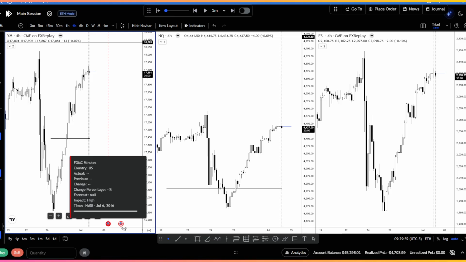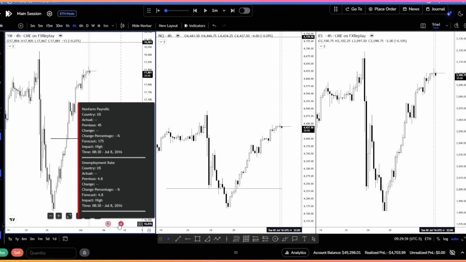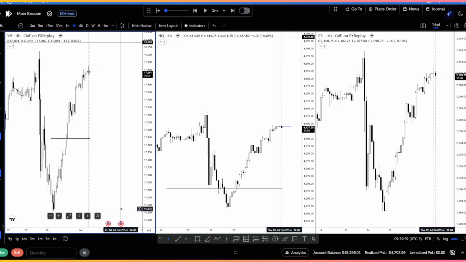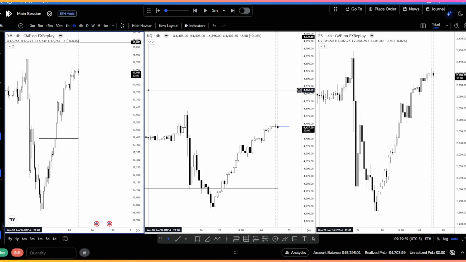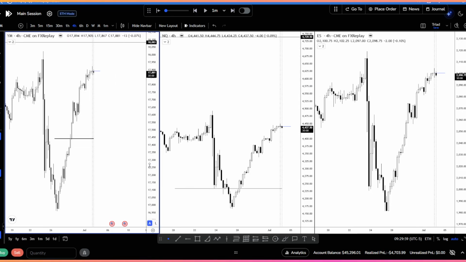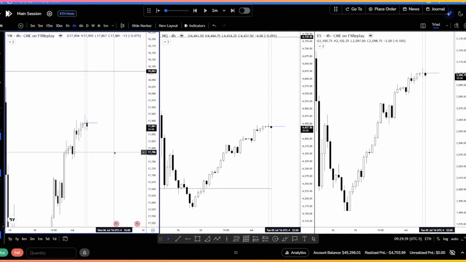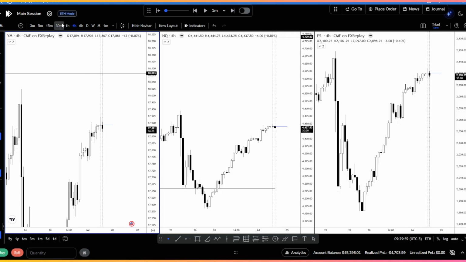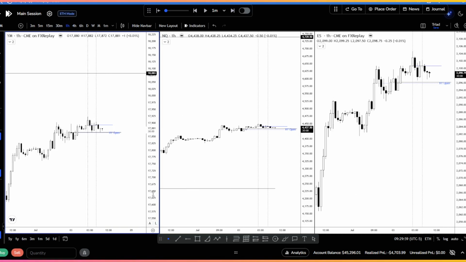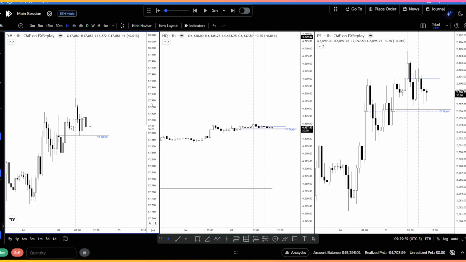We have FOMC minutes, not relevant. We have NFP on Friday. Damn. So there is a chance that it may just fool around for the whole week and then rip to the upside. My bad, I was completely wrong with my comment previously.